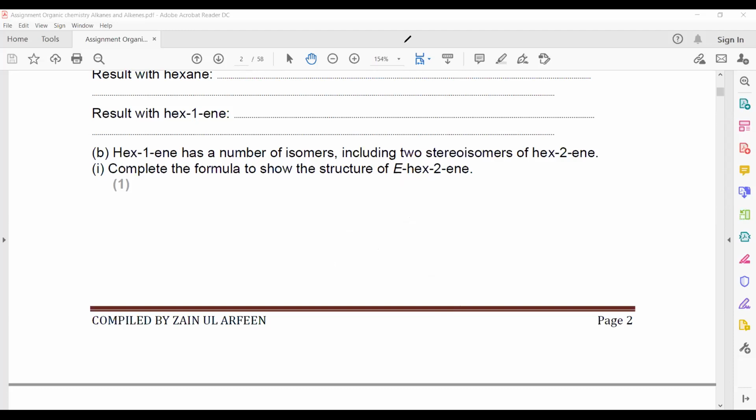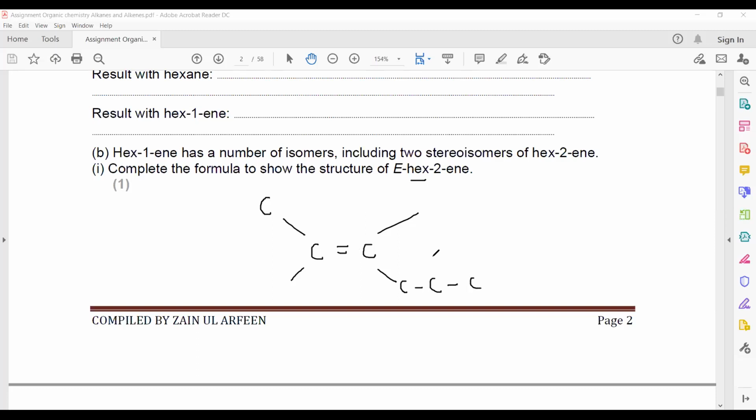You can also draw in this manner, with the 2 carbons having a double bond. Because I need hex, which means 6 carbon atoms, but the double bond should be with the second carbon. So this is the first, this is the second carbon, third, and fourth, fifth, and sixth carbon are here.